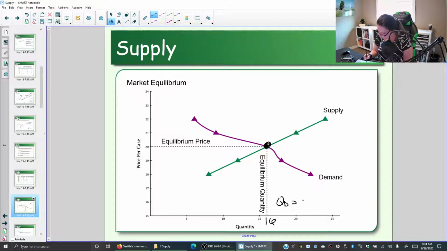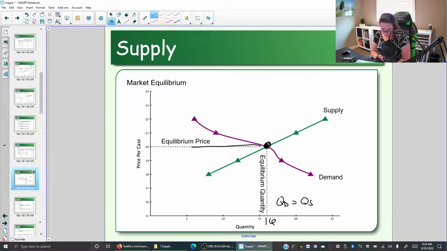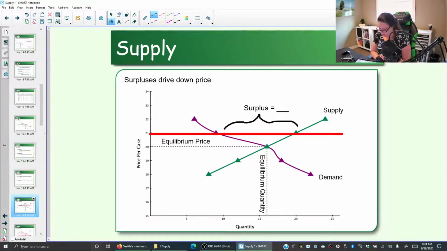That's where quantity demanded equals quantity supplied, and the price in the market would be 20. If we are not at this equilibrium, then there's pressure for the price to change. So for example, here at a price of 21, we have our quantity supplied of 20 and our quantity demanded.